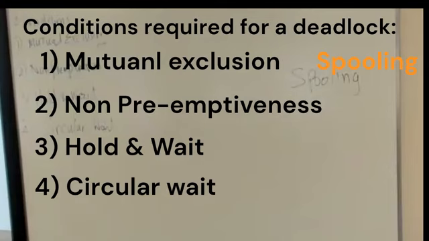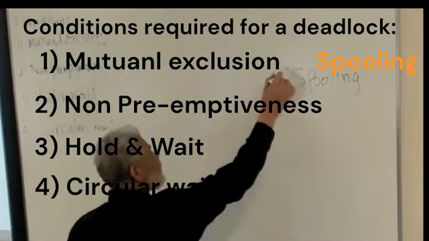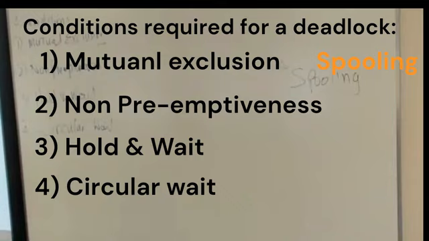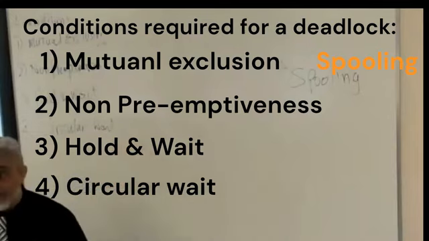If you're asked that question, the solution is spooling. Of course, it will not solve everything, but at least for some devices it makes them appear as if they are shareable. And what do we call a device that's normally dedicated, but we make it appear as if it's shareable? A virtual device. So we turn the printer from a dedicated device into a virtual device.